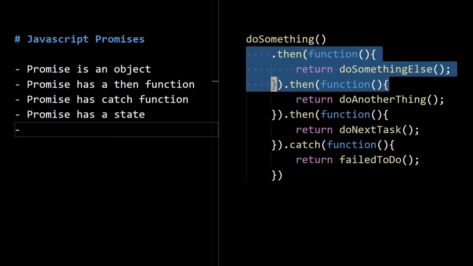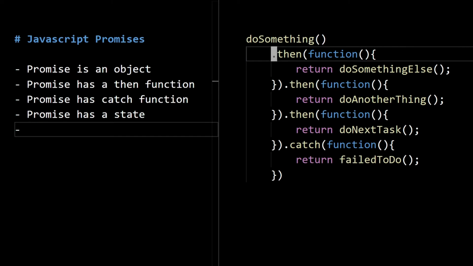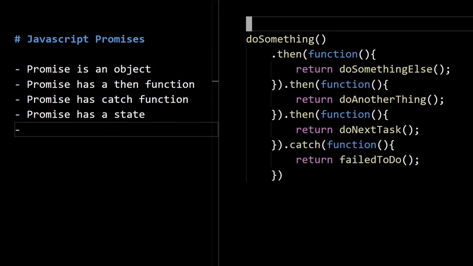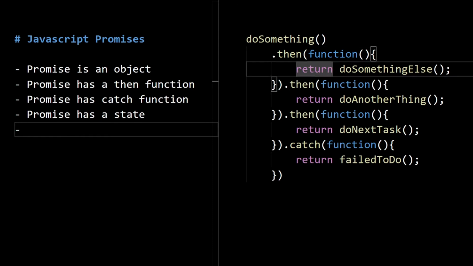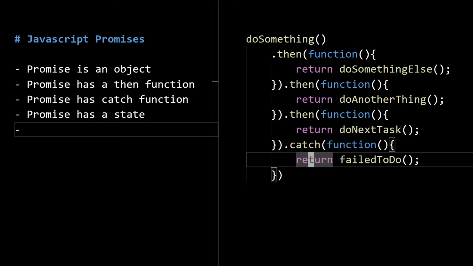You can see here that in then function it is something like you do something, and then if something goes right then do something else, and we have a catch. That means if something doesn't go right we can gracefully fail it. So that means promise can be either fulfilled or it can throw some error or it can be rejected.